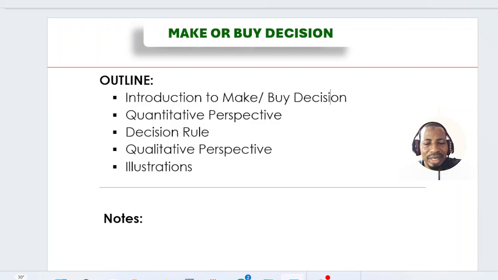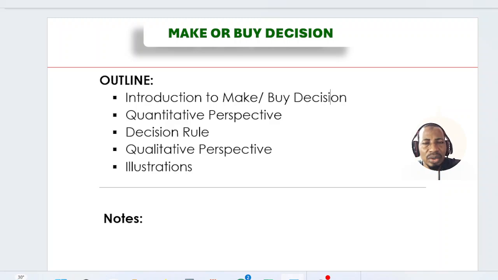Therefore, when it has to do with make or buy decision, this kind of decision will be analyzed in two perspectives. One is the quantitative perspective, then the other part is the qualitative perspective.